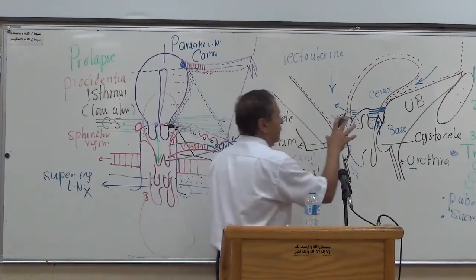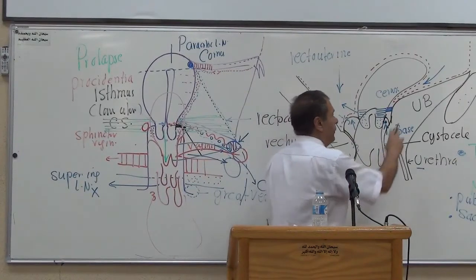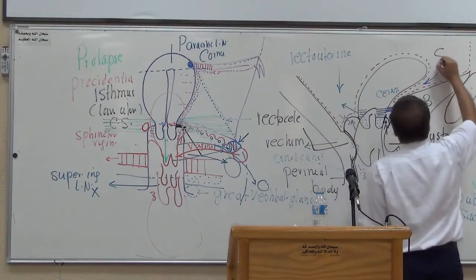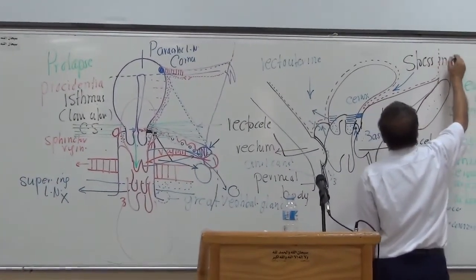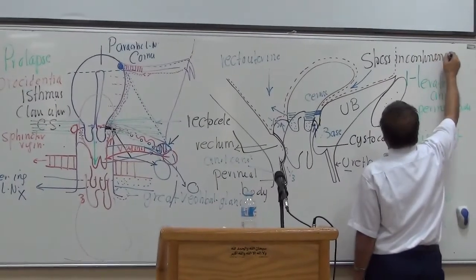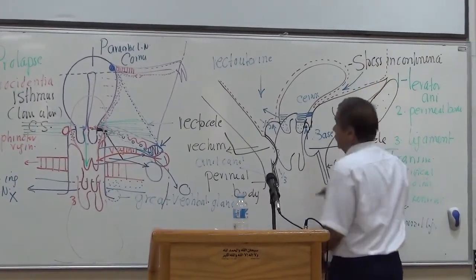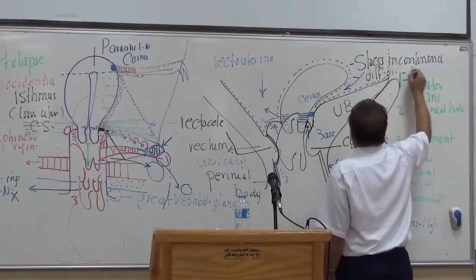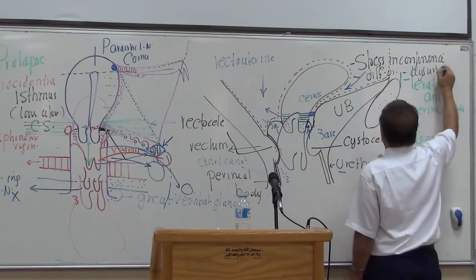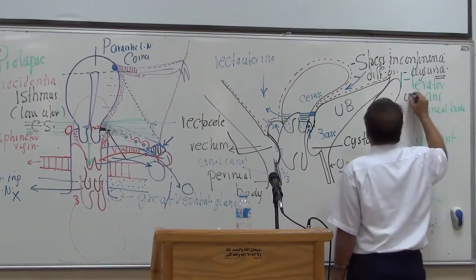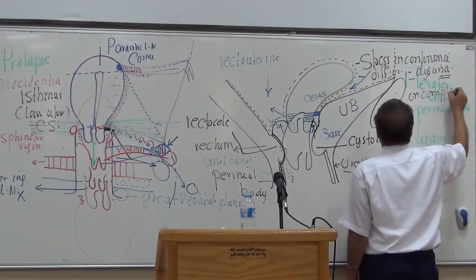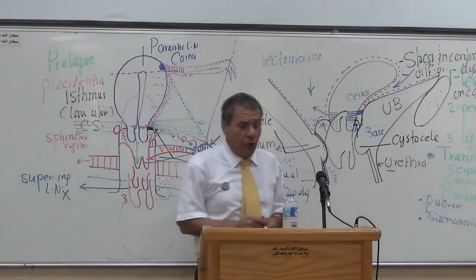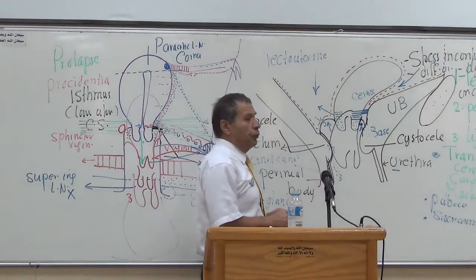This is why the uterine prolapse patient complains of urinary troubles, especially stress incontinence, which is important, or difficulty in urination, or dysuria, or incomplete emptying of the bladder, because part of the bladder forms a pouch inside the vagina.